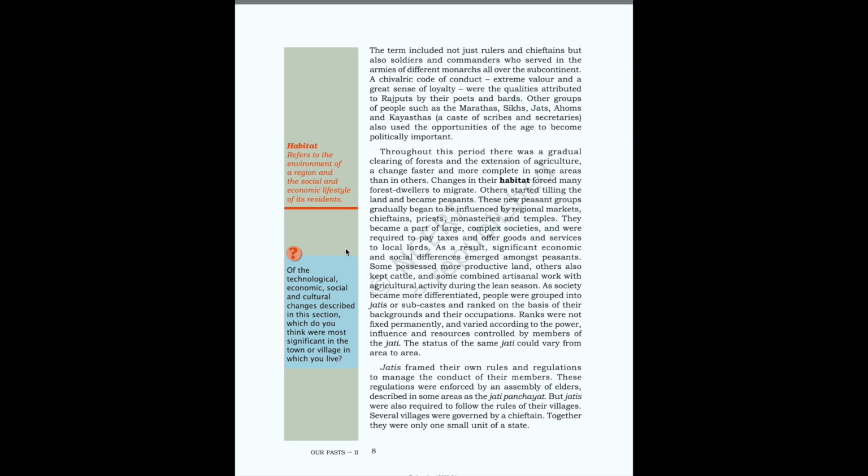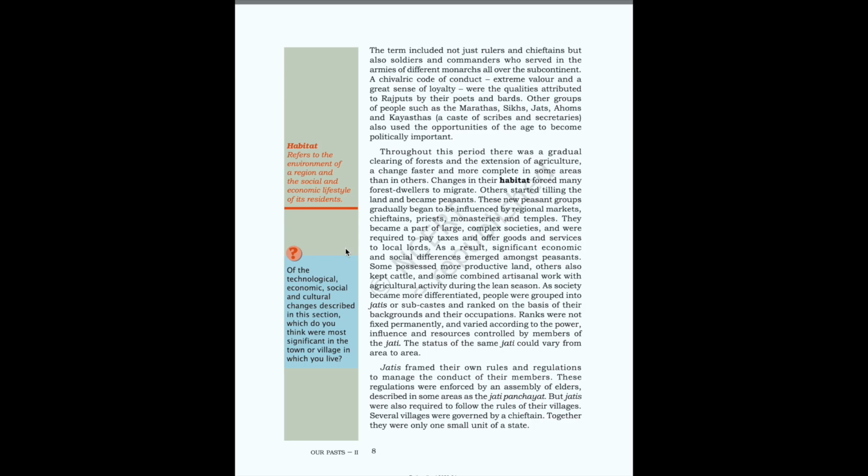Some possessed more productive land, others also kept cattle, and some combined artisanal work with agricultural activity during the lean season. As society became more differentiated, people were grouped into jatis or subcastes and ranked on the basis of their backgrounds and their occupations. Ranks were not fixed permanently and varied according to the power, influence, and resources controlled by members of the jati.